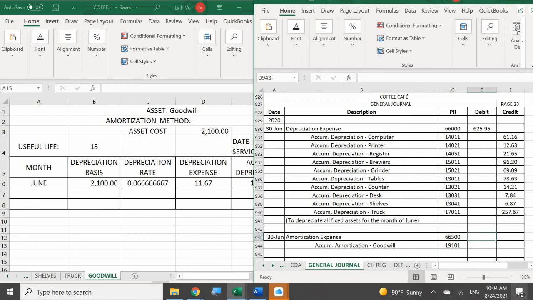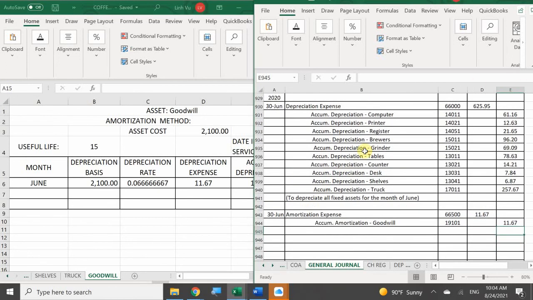Okay. How much was the accumulated amortization expense? Or in this case, sorry, not the accumulated. The total amortization expense. $1167.